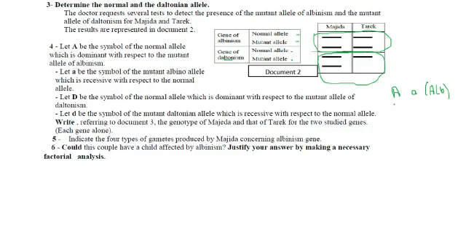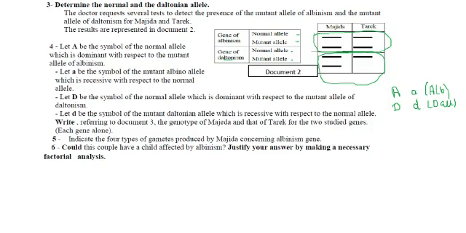And also we have capital D, which is the normal dominant allele, and small d, which is the mutant allele related to daltonism, the other disease.